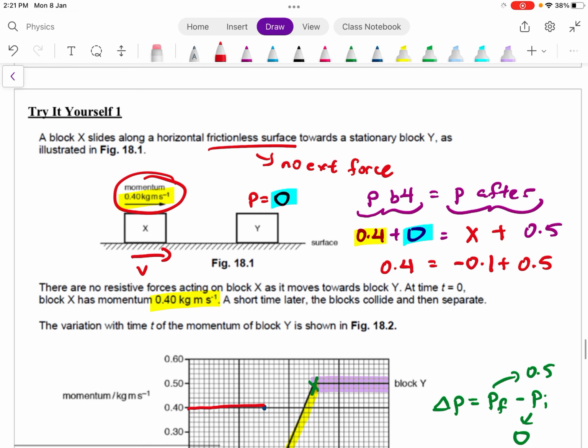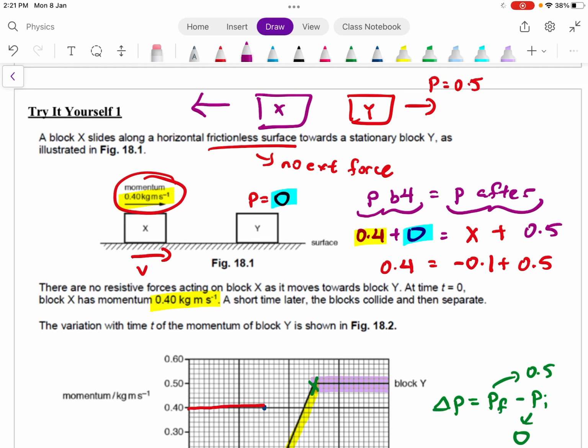Meaning that after collision, your Y will move towards the right hand side with a momentum of, let's just say, 0.5. But your X will move towards the left hand side, because always remember, the positive and negative just means direction. Negative just means towards the left hand side. So you will move to the left hand side with a momentum of roughly 0.1.